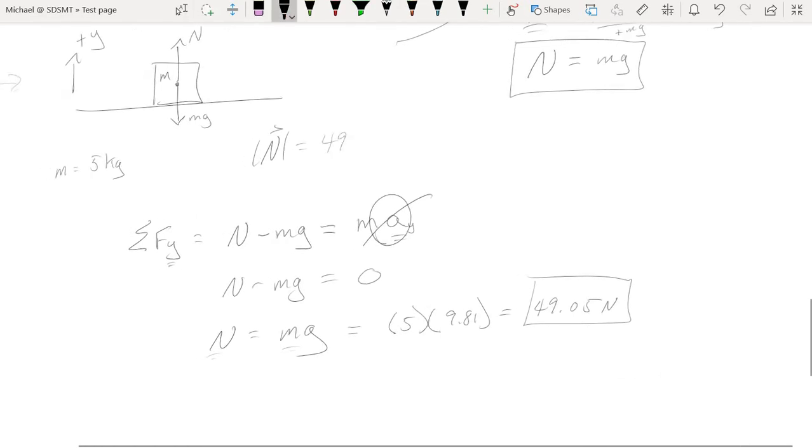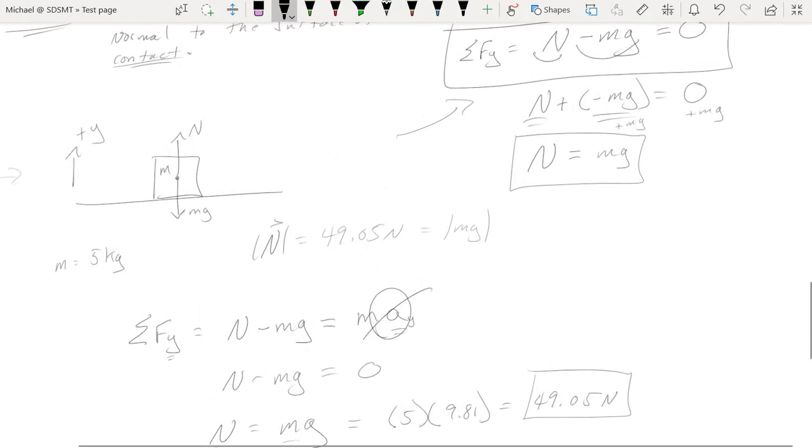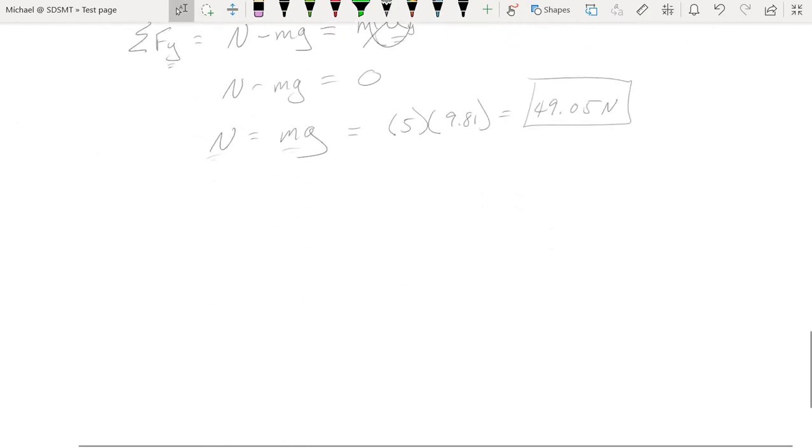So there we have it. There is the magnitude of the normal force. It's equal to the magnitude of the weight. They just happen to be vectors that are pointing in opposite directions.